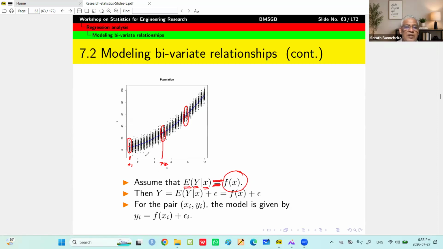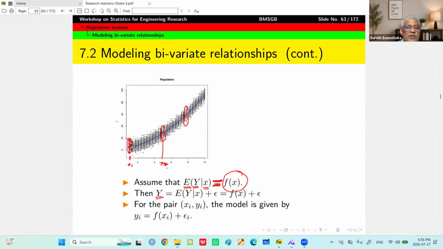Right. So for a given x, there is a y value here, another y value here, another y value here, and so on. So a y value can be written as the expected value plus something. This y value is equal to this expected value plus this.